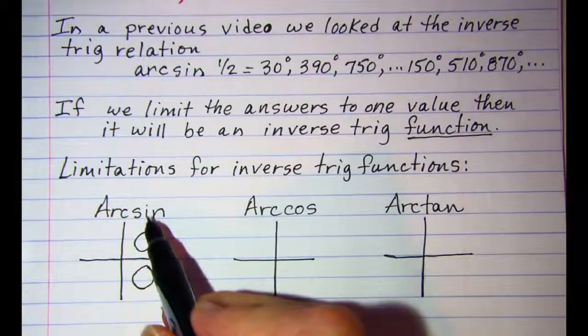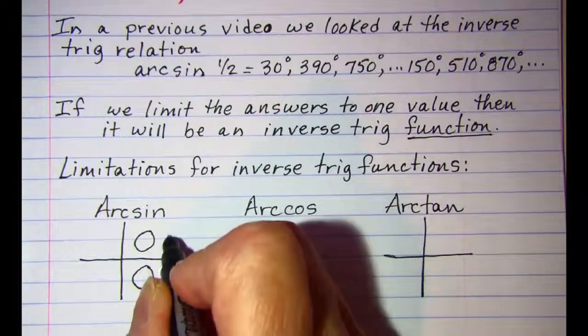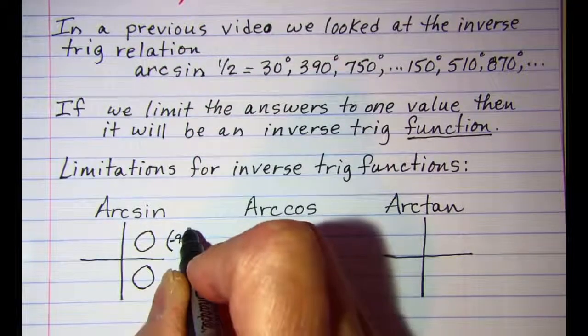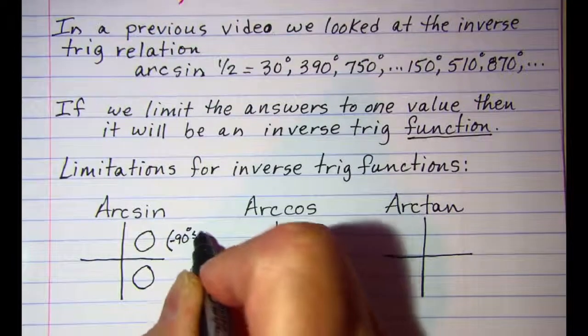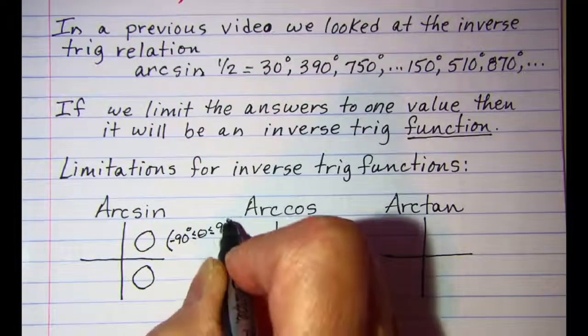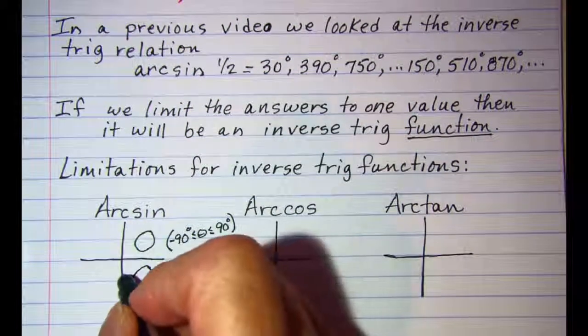So for arcsine, we're limiting ourselves to angles that are between negative 90 and 90. So just these two.